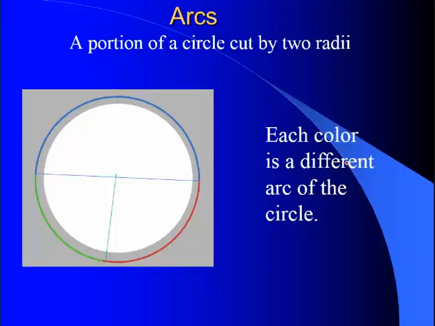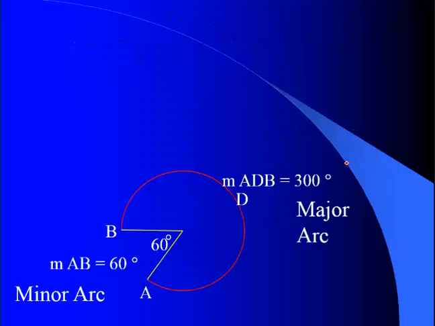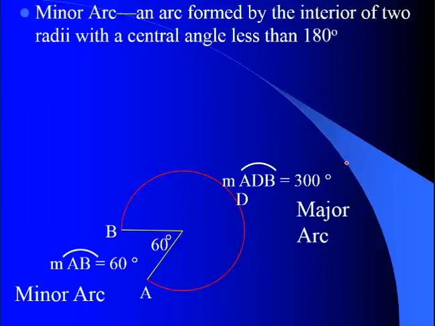The arcs are related to angles within the circle. We can have minor arcs and major arcs depending on their measure. A minor arc is an arc formed by the interior of two radii with a central angle less than 180 degrees. So just know it's less than 180 degrees.